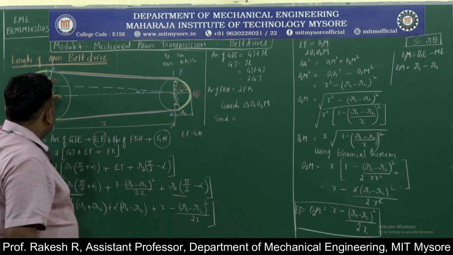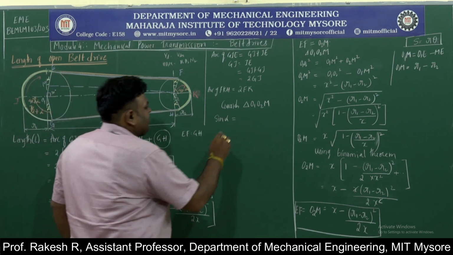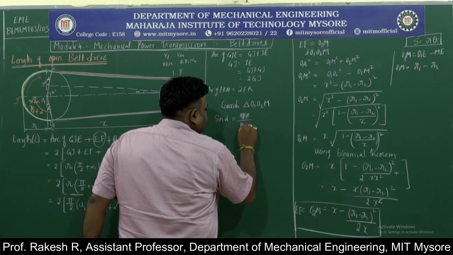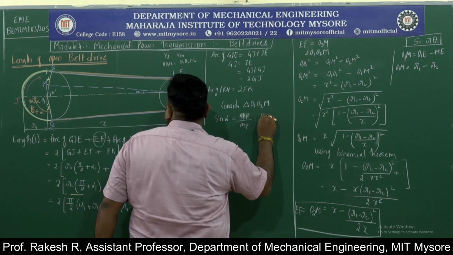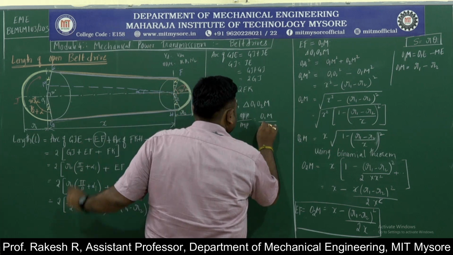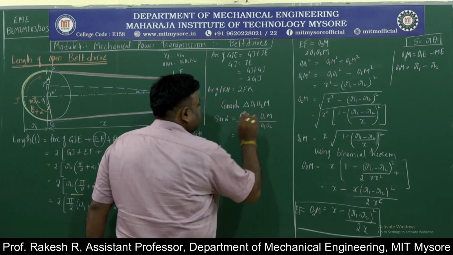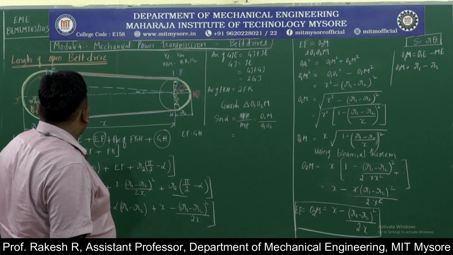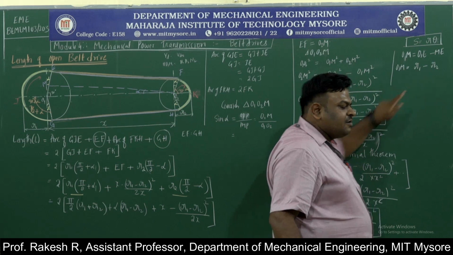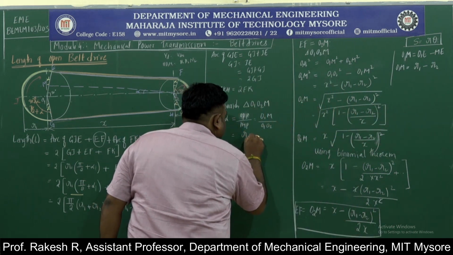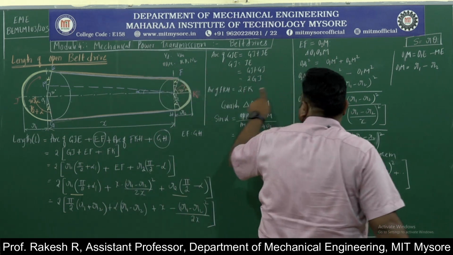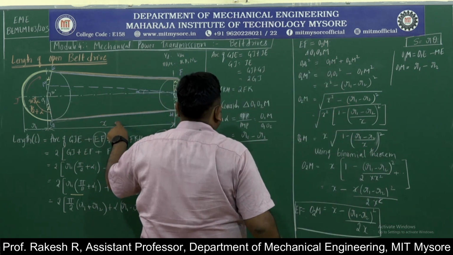Sine alpha is nothing but opposite side, that is O1M, by hypotenuse, that is O1 O2. So what is O1M here? O1M is nothing but, again this we have derived here, R1 minus R2. O1 O2 is nothing but this distance, center distance x.